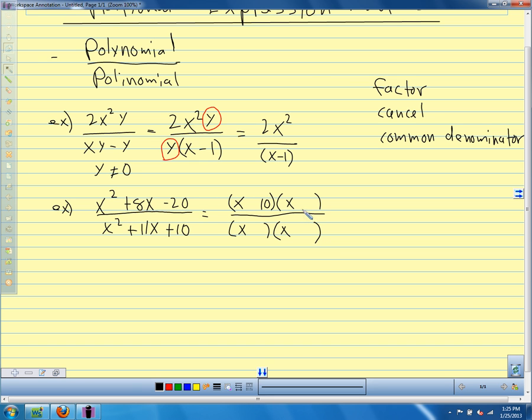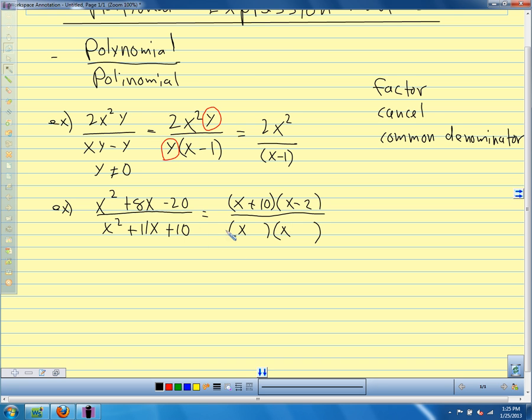So what is this going to be? x plus 10 and x minus 2. And I'm guessing now, since I have a plus 10 and a minus 2 in the top, usually the way these problems are set up, just because they come from a book and they're for you to practice, there's probably going to be an x plus 10 or an x minus 2 in the bottom. You can't count on it, but usually that's how it works out.